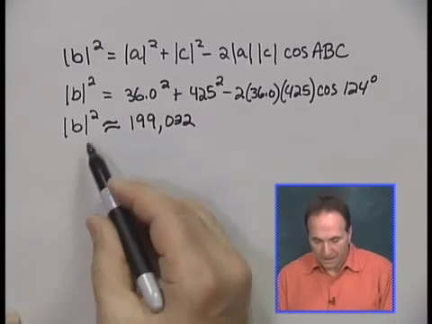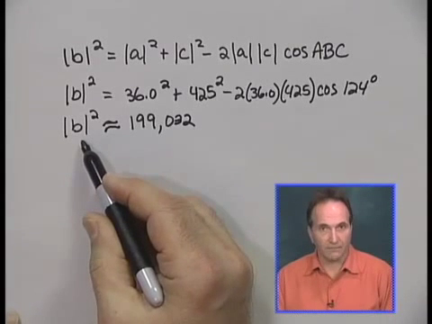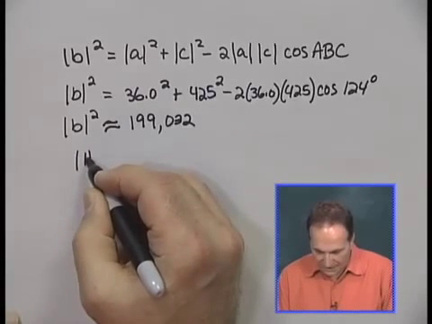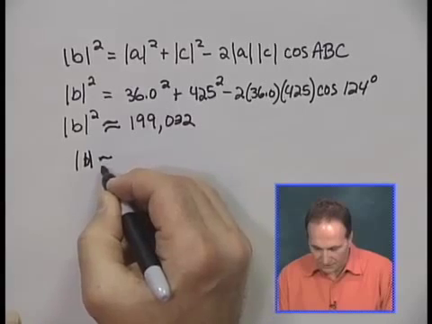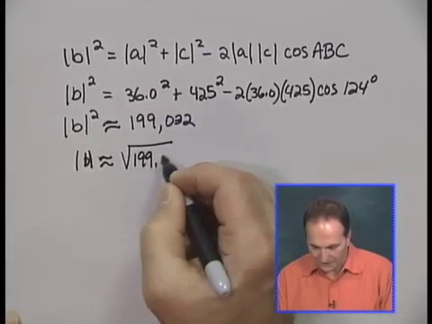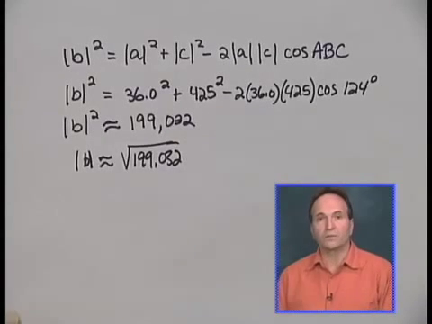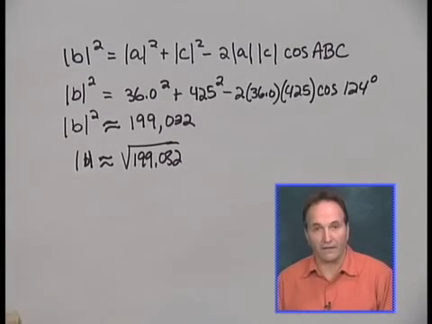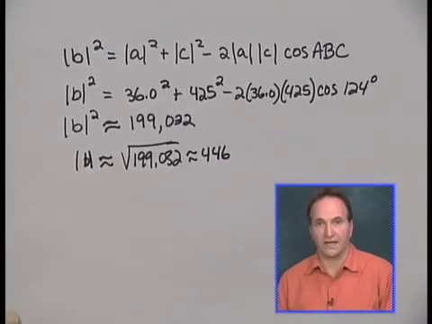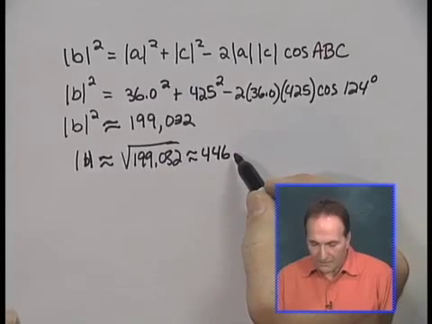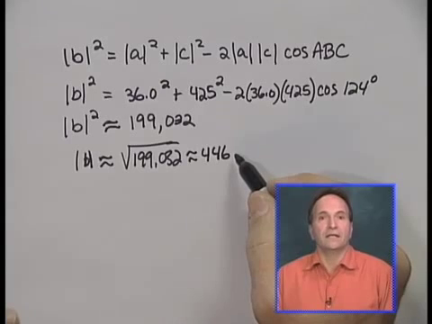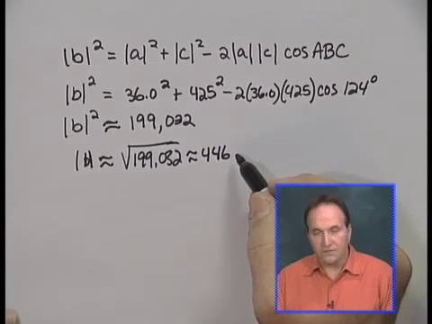Because we're interested in a length here, we're interested in only the positive square root, so the absolute value of B is approximately the square root of 199,032, which when we substitute and evaluate on the calculator will give us 446.